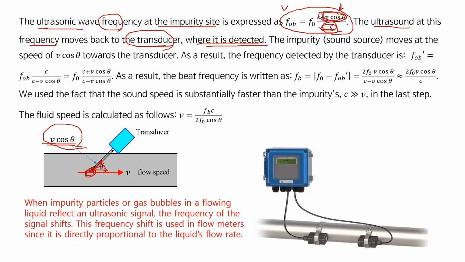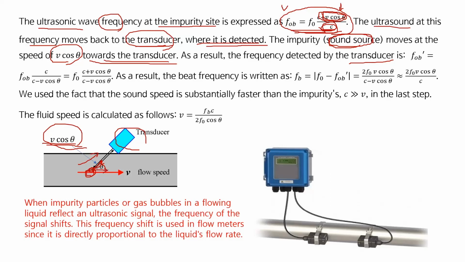The impurity sound source moves at the speed of v cosine theta towards the transducer. As a result, in the frequency detected by the transducer, the transducer is the observer and the impurity is the source of the ultrasound wave or frequency, this frequency.